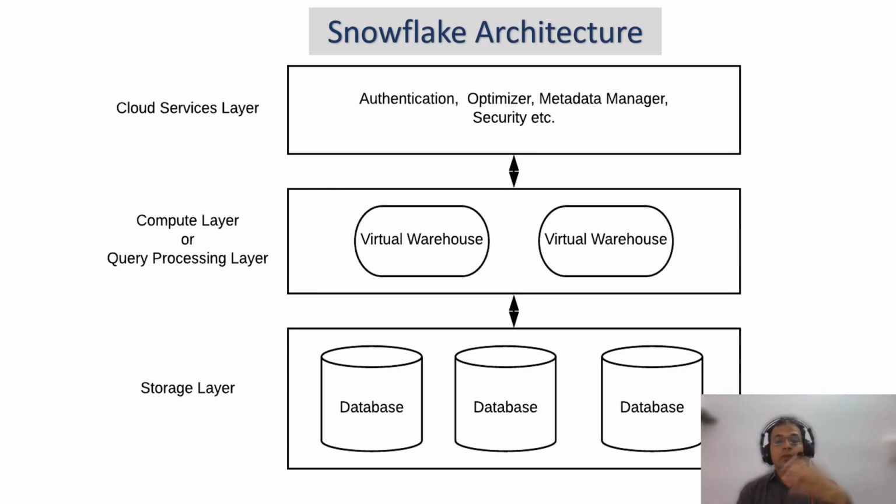We don't need to do it ourselves, Snowflake provides that for us. If we want less storage and high compute, that is also available. If you want more storage with more compute, that is also available. And the advantage of all this is, whatever we use, we only pay for it. So that is the Snowflake architecture.